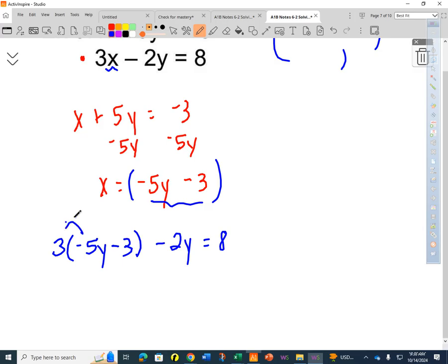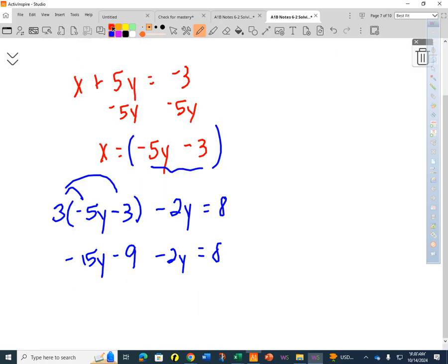Going to distribute. -15y minus 9 minus 2y equals 8. And just bring those down because we didn't do anything with those. And I'm going to combine like terms. That's -17 times y minus 9, all combined over here, equals my 8. Haven't done anything with that yet.